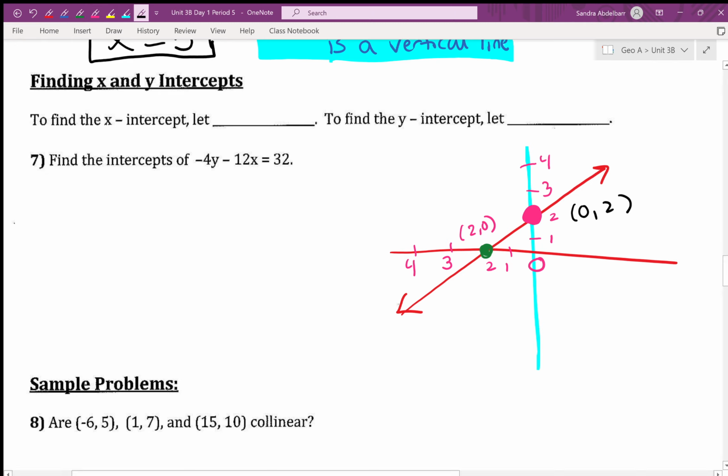The y part of the point will always be 0. And for the y-intercept, the point 0, 2, the x coordinate will always be 0. So when you cross the x-axis, y is always 0. When you cross the y-axis, x is always 0. Makes sense, right?